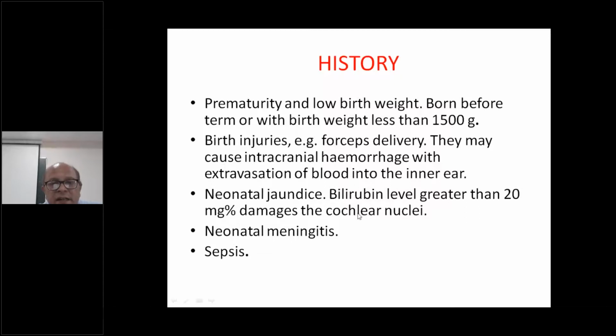Neonatal jaundice, very important. Bilirubin level greater than 20 milligram percentage damages the cochlear nuclei. So neonatal jaundice history should be sought also. Neonatal meningitis and sepsis should also be asked.